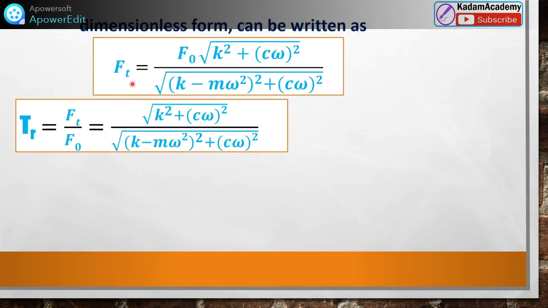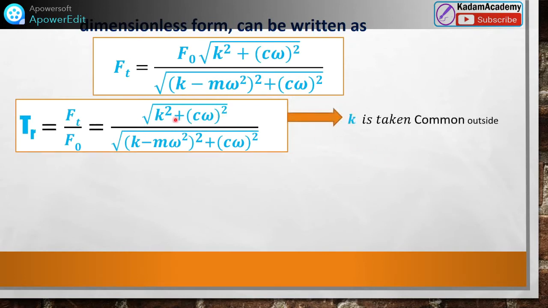Taking this term to this side, Ft by F0 becomes the transmissibility ratio, and that is nothing but the force transmissibility. This is the ratio. Okay. And when we take this one, it becomes the dimensionless form; this ratio doesn't have any dimension.